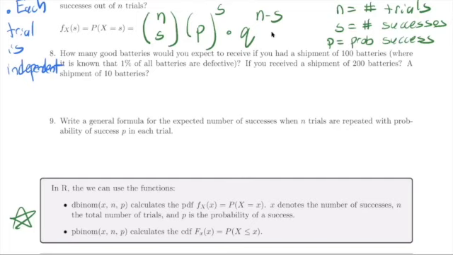With binomial distributions, we get a really nice shortcut for calculating the expected value. If we sent out a shipment of 100 batteries, where we know that 1% of the batteries are defective, how many good batteries would you expect to get in that shipment?